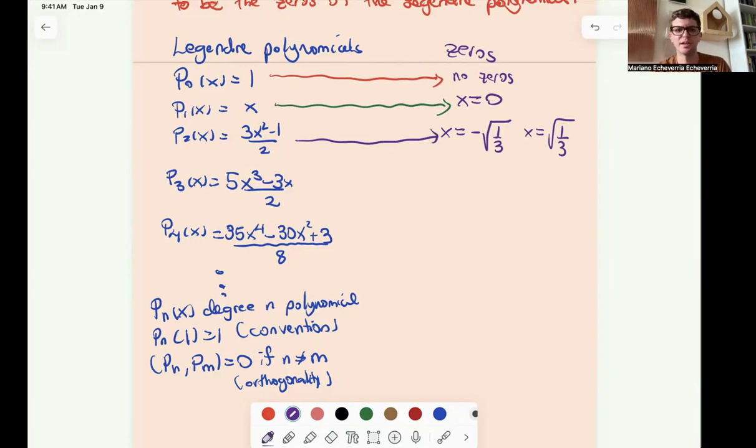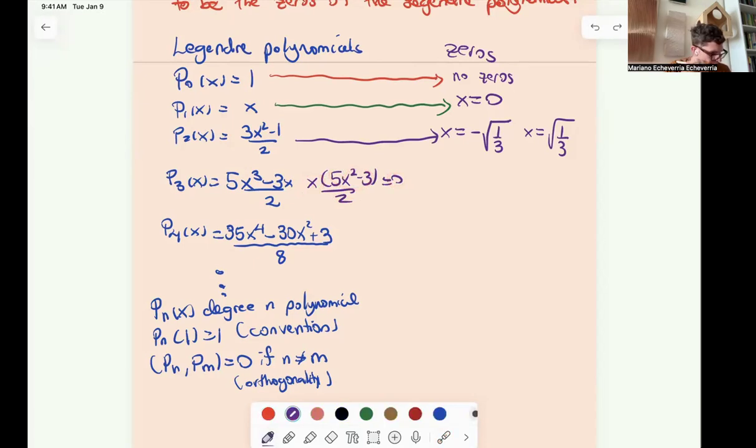I'll do the next one and then I'll just put the answer for the last one. If you wanted to set it equal to 0, you can factor an x, right? And so you get x times (5x squared minus 3) over 2 has to be equal to 0. From there it's easy to see, because the 2 doesn't matter, so x has to be 0 or 5x squared minus 3 has to be 0.